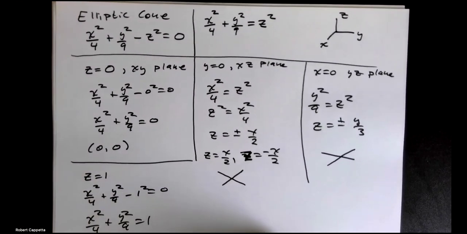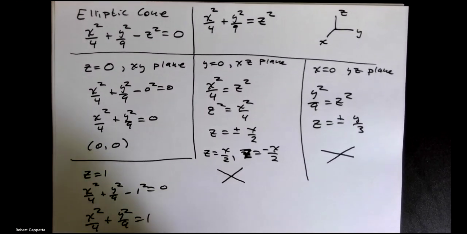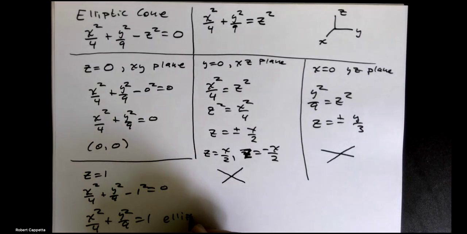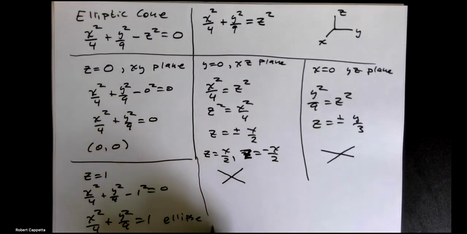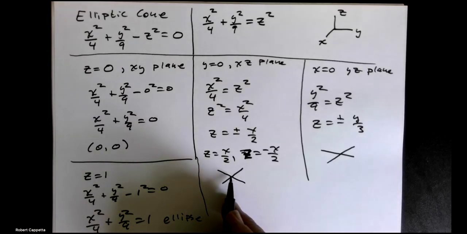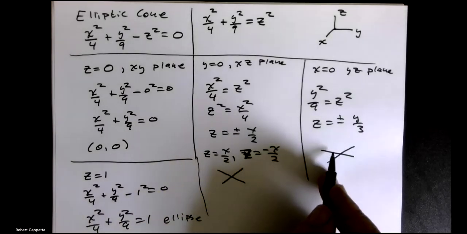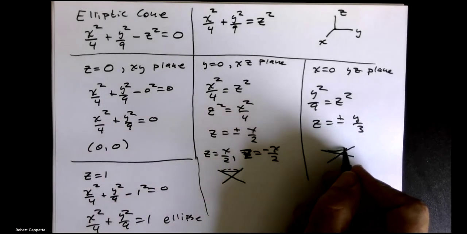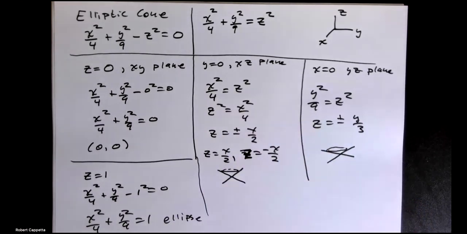And that, of course, is an ellipse, hence elliptic cone. So as we move up in the z direction, in both of these cases, the trace is going to be an ellipse. Does that give you a chance to visualize what this looks like? So as we put all these things together, what does our elliptic cone look like?